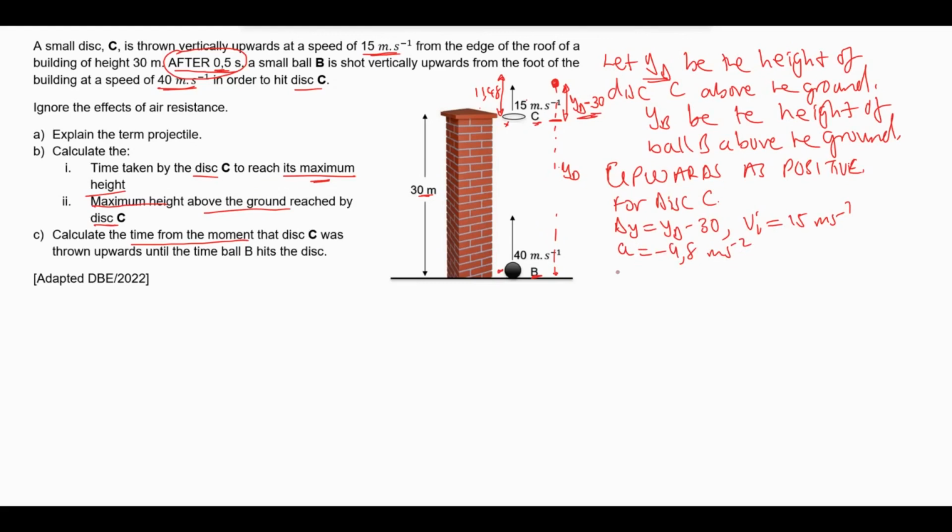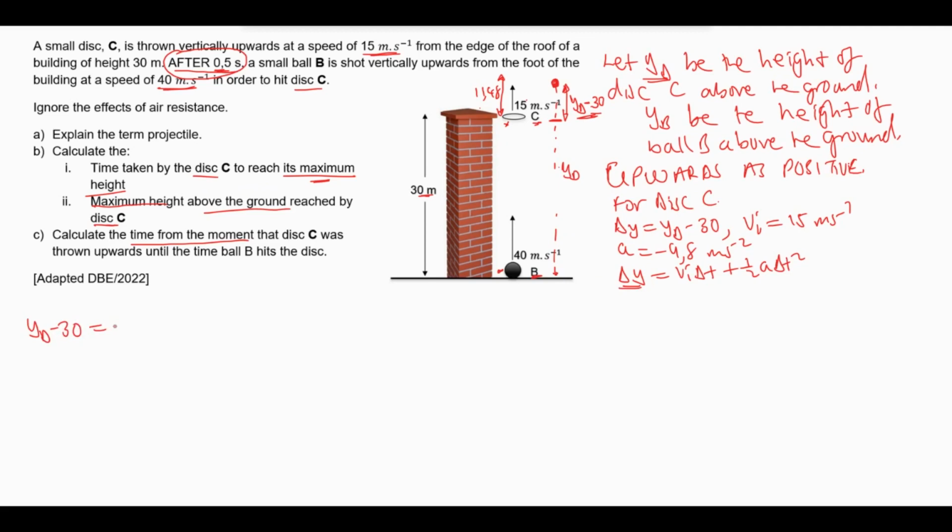So the best equation will be delta y is equal to initial velocity times delta t plus half a delta t squared. Right, let's substitute what we have into our equation. So we said our displacement is YD minus 30.